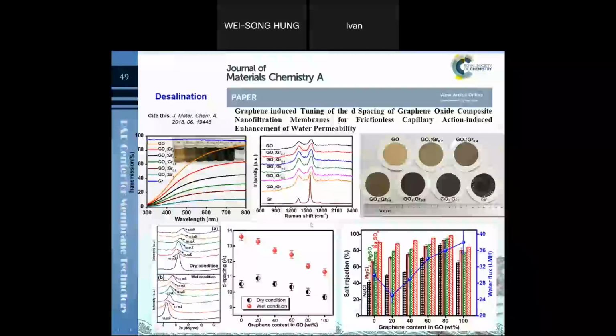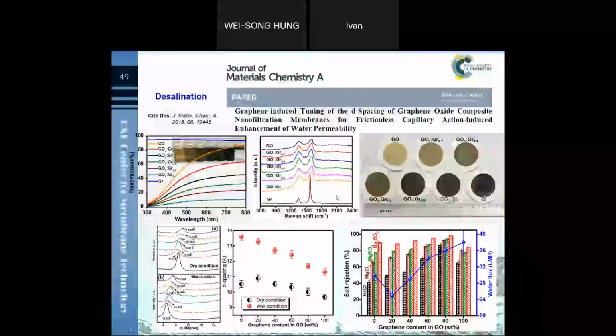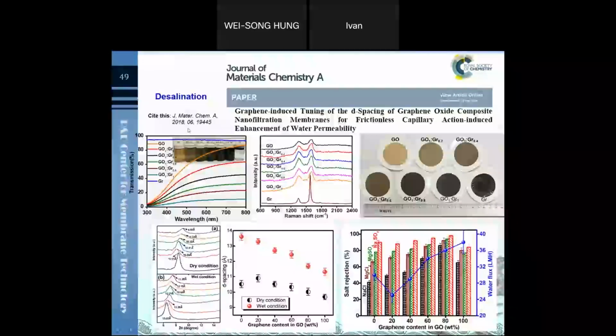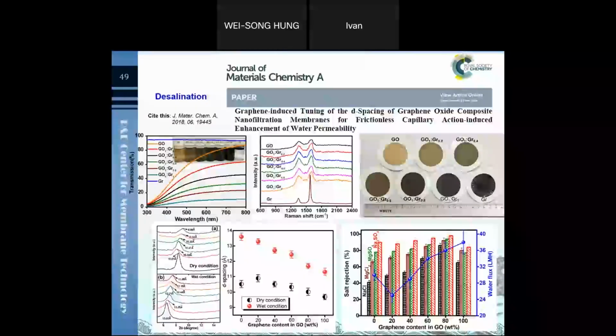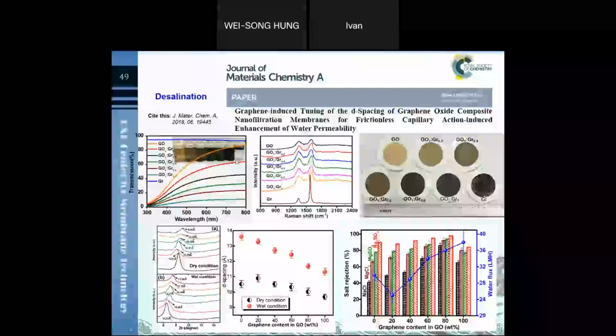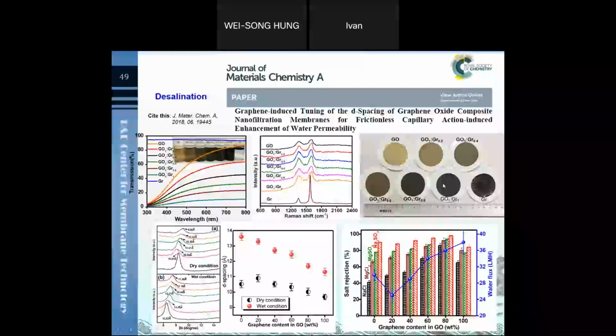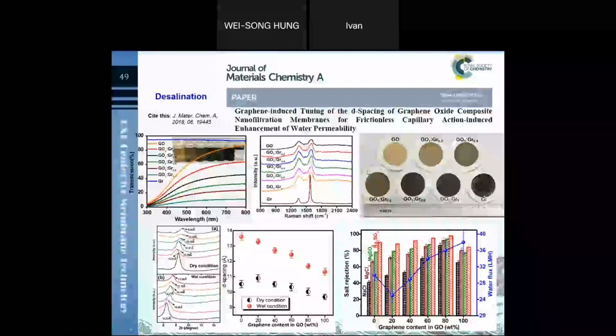So in this study, we try to use the graphene oxide to induce the dispersion of the graphene in the water, because the graphene oxide and graphene layer structures are similar. We disperse the graphene oxide in the water first, and then add the graphene. Then we can prepare a well dispersed solution. This is good for membrane preparation of the graphene oxide and graphene membranes, and it's also good for nanofiltration applications.